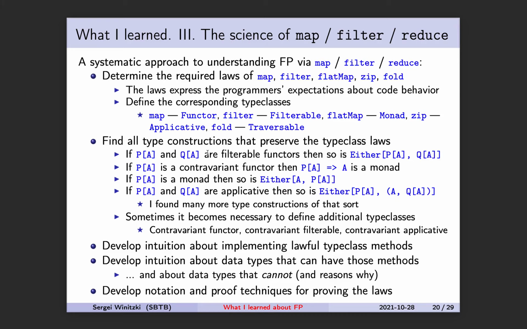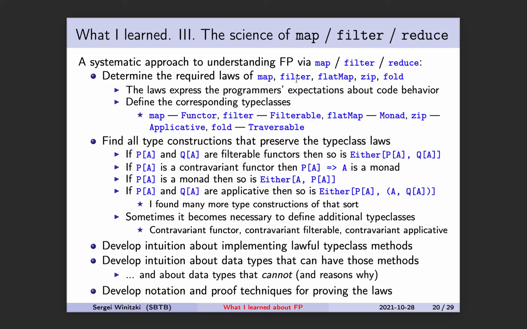So first of all, I determine the laws that are required of these methods. The laws of map, filter, flat map, zip, and fold. These laws express the expectation and the intuition of programmers about code written using these methods.